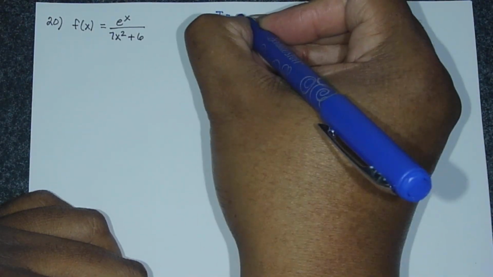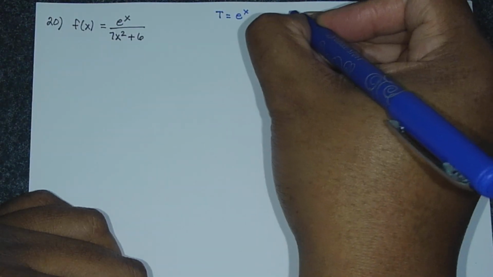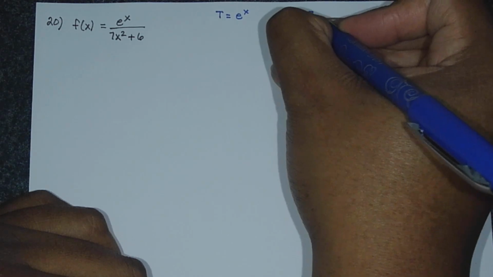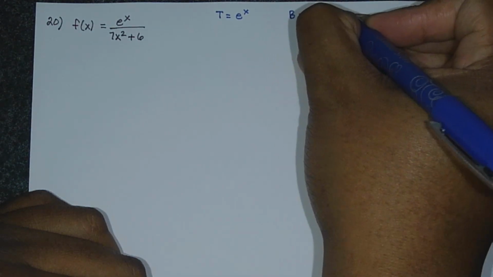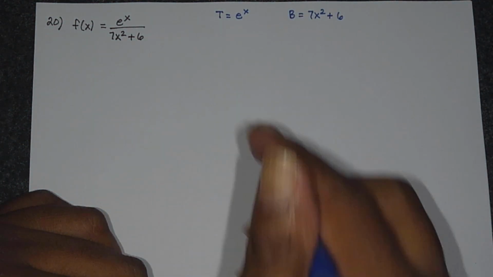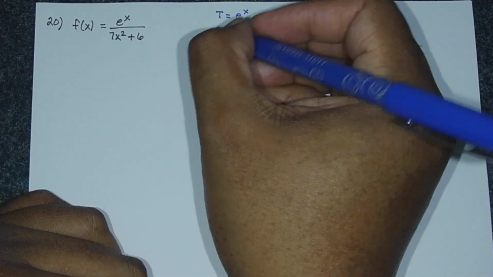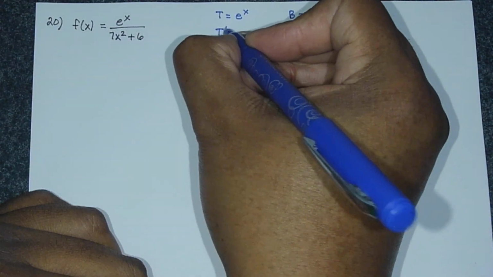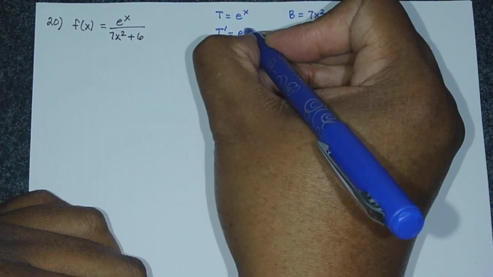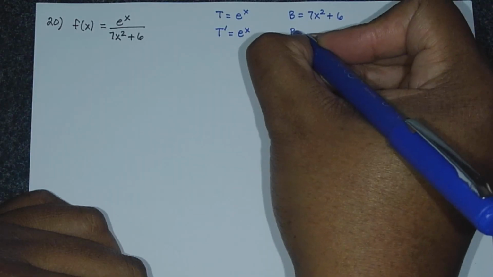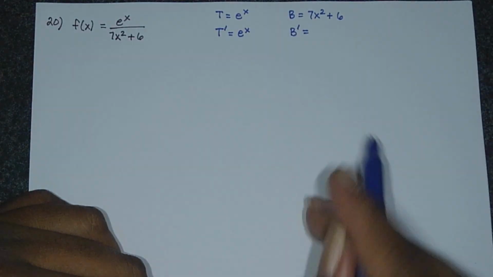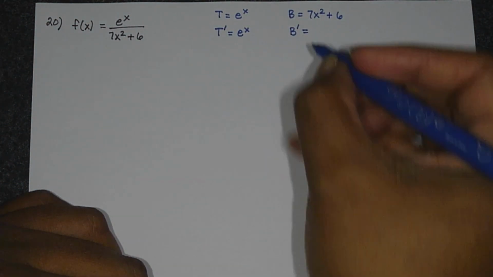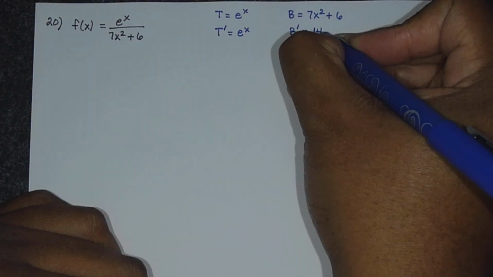The top, the numerator, is e to the x, and the bottom, the denominator, is 7x squared plus 6. What's the derivative of e to the x? e to the x. The bottom is 7x squared plus 6, so what would that derivative have to be? 14x.